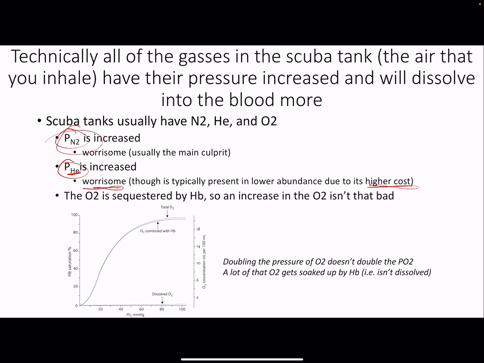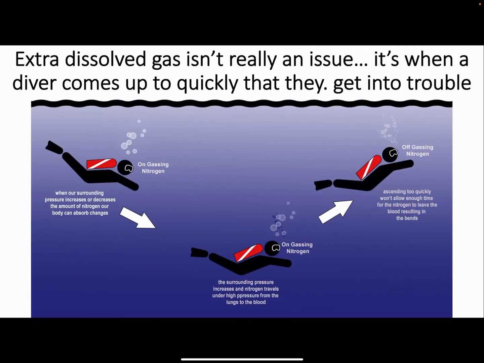Oxygen is also in your scuba tank, obviously, because that's what you're breathing in to live, but it's sequestered by hemoglobin, right? So if I double the amount of pressure of my inspired oxygen, that doesn't necessarily equate with double the amount of dissolved oxygen in my blood. So a lot of it gets soaked up by the hemoglobin. So the main one that we're really worried about is the nitrogen, maybe the helium, maybe the oxygen a little bit, but I'd say mostly the nitrogen.